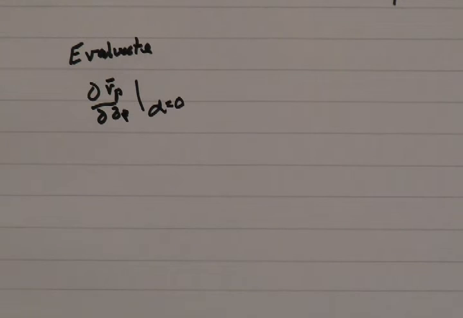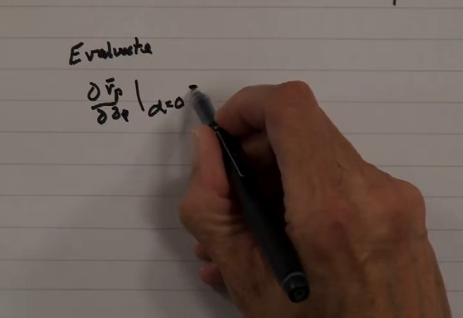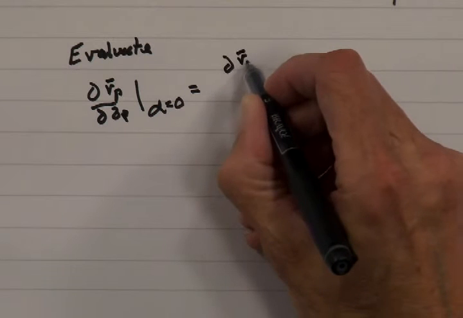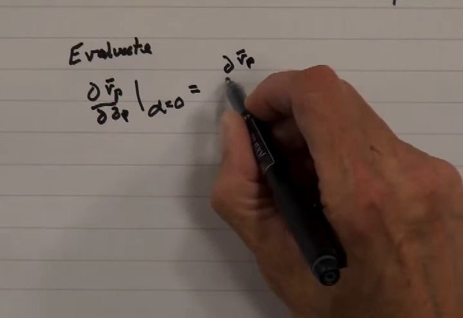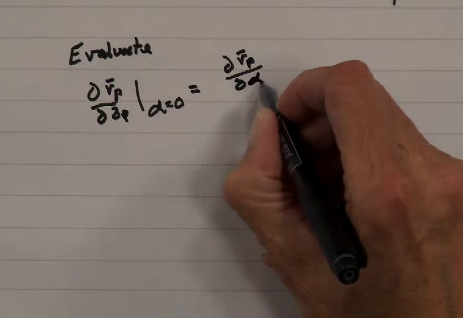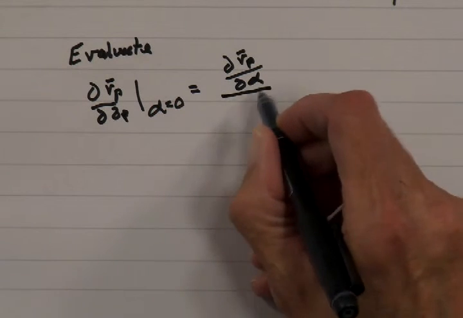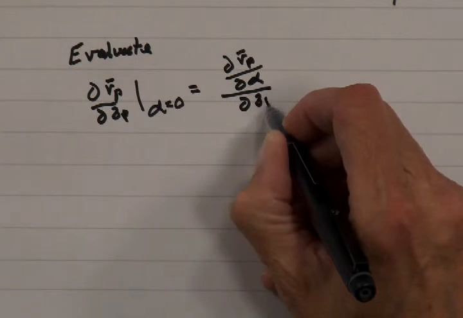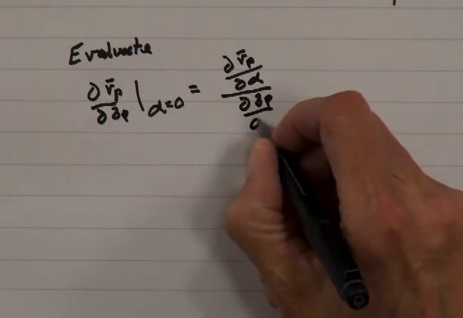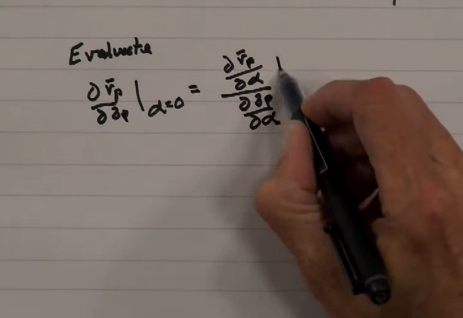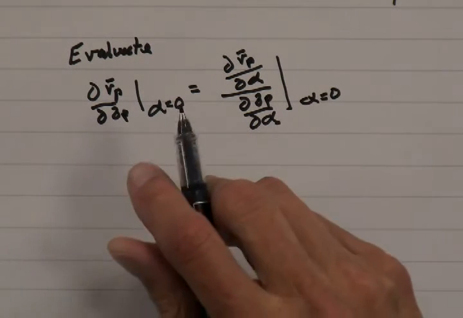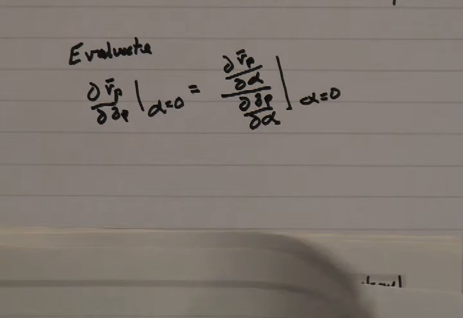So we have that for our portfolio, but we evaluate it at alpha equals 0. And if we do that, we get the partial derivative of R bar P over d alpha over the partial with respect to sigma P over d alpha again. And this is evaluated at alpha equals 0.